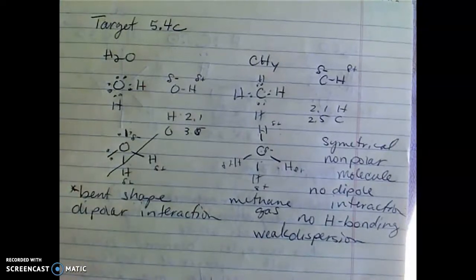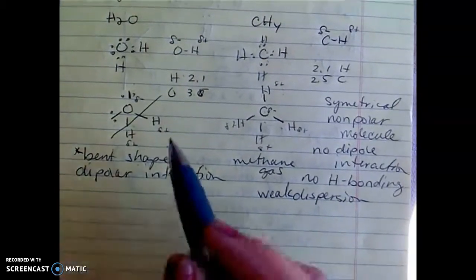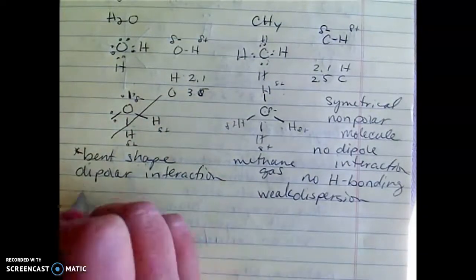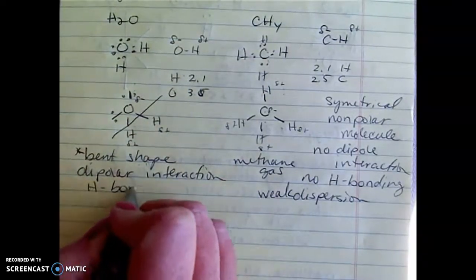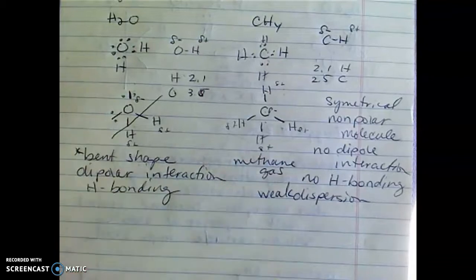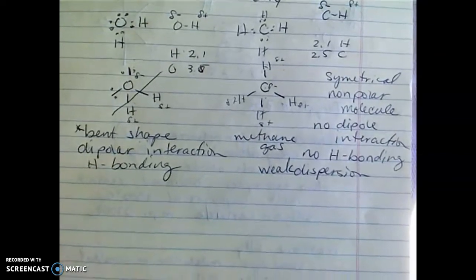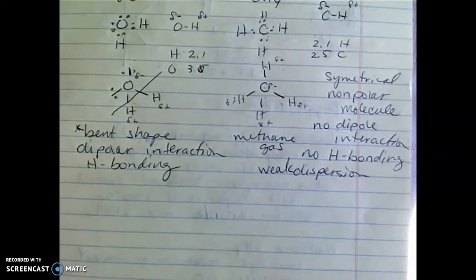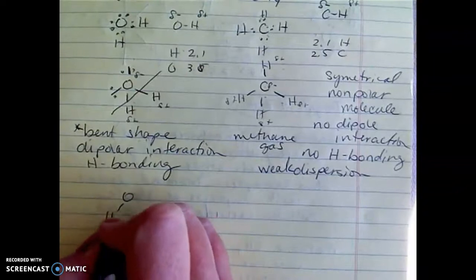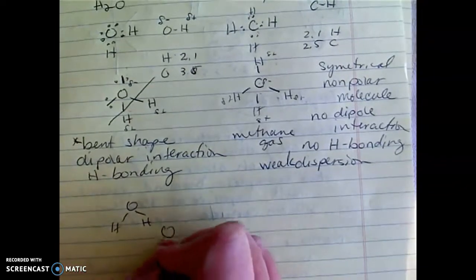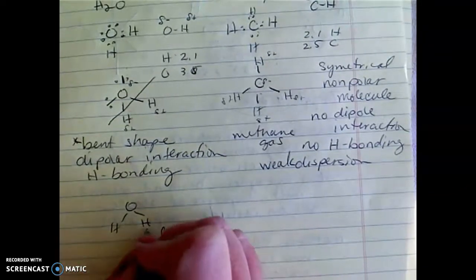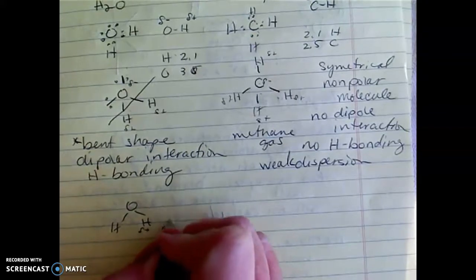We also have, being that you've got a large electronegativity difference there, hydrogen bonding, which means water has 2 ways that it can attract to itself. So you can have your water molecules attracting to other water molecules by charges.